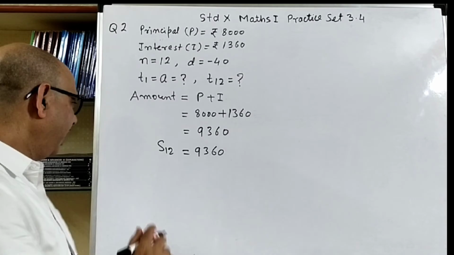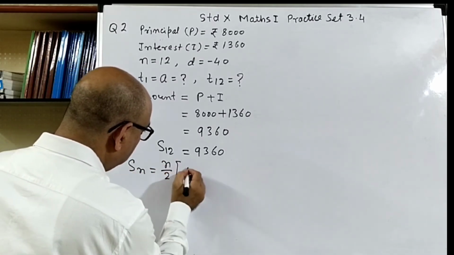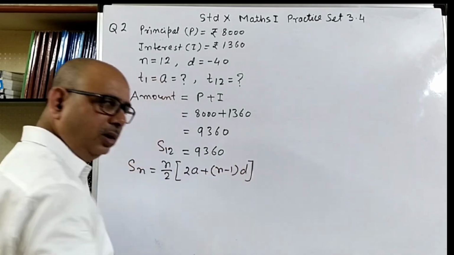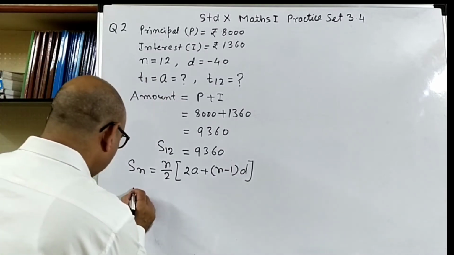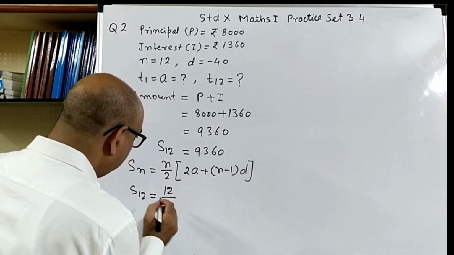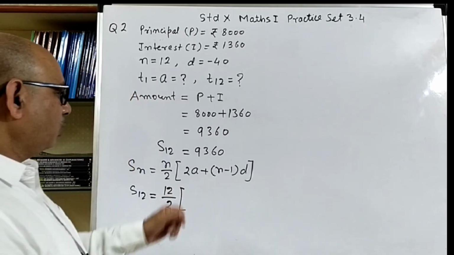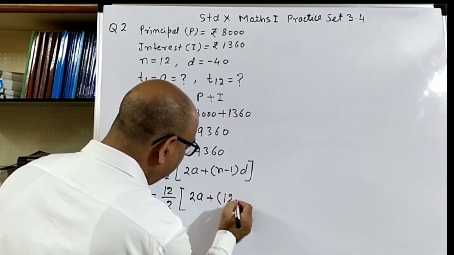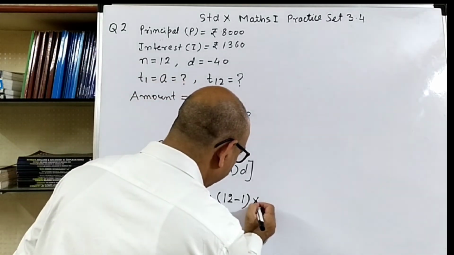Let's use the formula. Sn is equal to n by 2 into 2a plus n minus 1 d. Sn means S12, and this will be equal to 12 by 2 into 2a, we have to find out the value of a. That means 2a plus n minus 1, n is 12, into d. Value of d is minus 40.